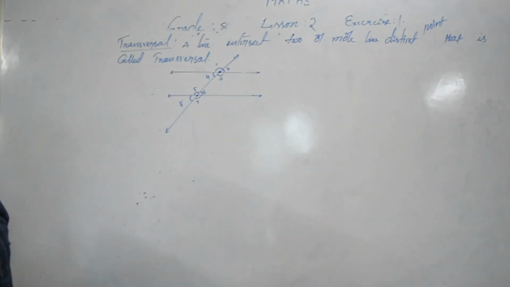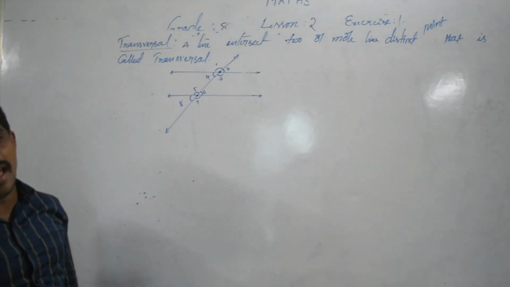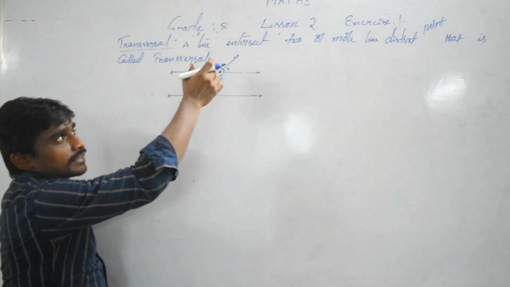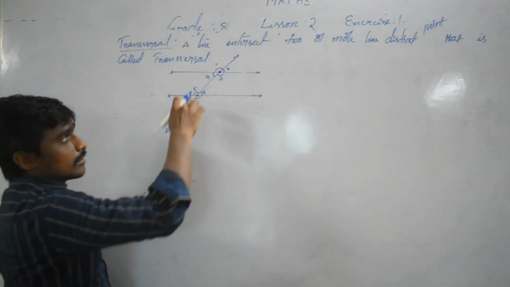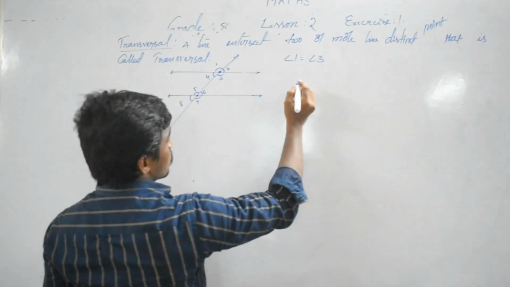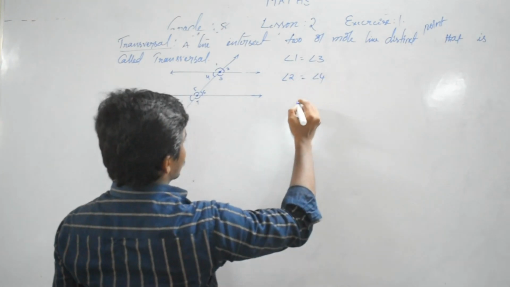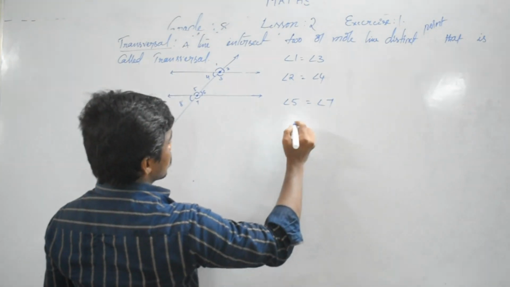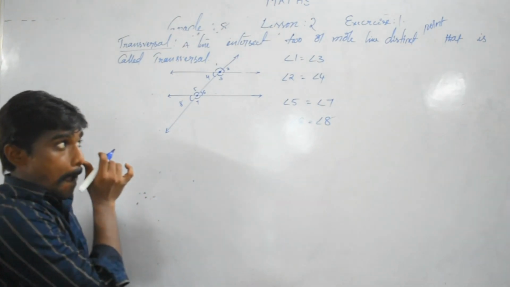So totally a transversal has how many angles? 8 angles, forming 8 angles. So here we know intersecting lines, opposite angles are equal. So angle 1 is equal to angle 3, angle 2 is equal to angle 4, angle 5 is equal to angle 7, angle 6 is equal to angle 8.